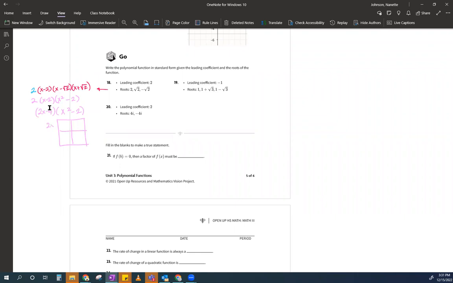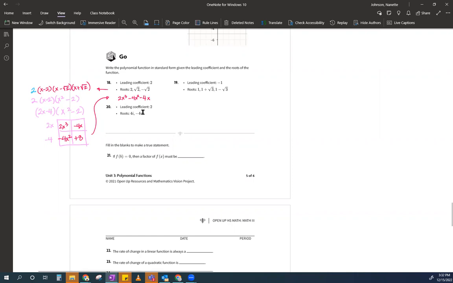So I get 2x cubed minus 4x minus 4x squared plus 8. So one answer is going to be 2x cubed minus 4x squared minus 4x plus 8.